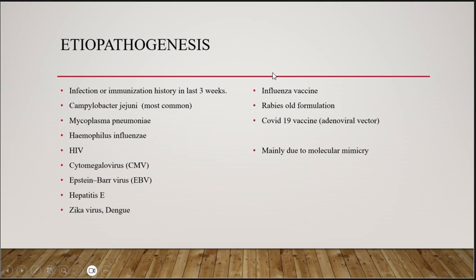The vaccines usually associated are the influenza vaccine, the rabies vaccine with the old formulation, and the COVID-19 vaccine with the adenoviral vector. And this is mainly due to molecular mimicry.